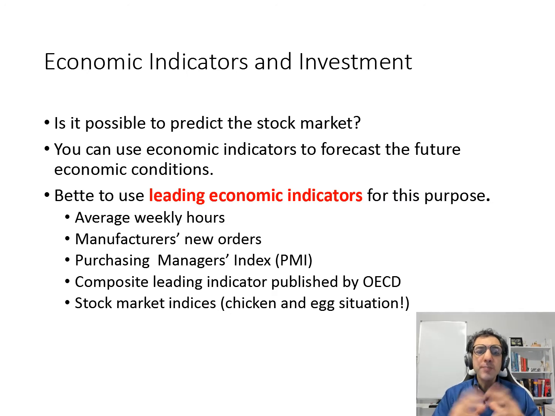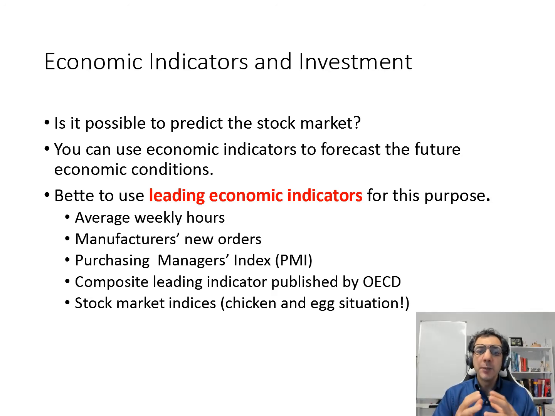There are three major groups of economic indicators. Some are leading economic indicators, and you should focus more on these because they help you see the next move of the market, so you can use them to predict the market and make the right decision. We also have two other groups of indicators, which are called lagging indicators and coincident or simultaneous indicators.